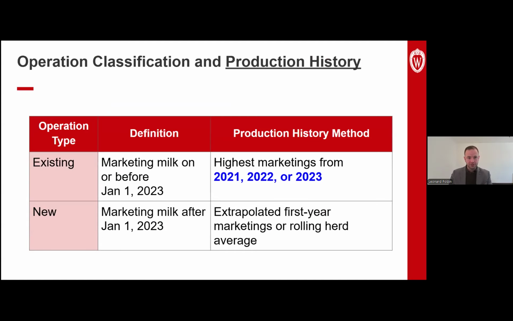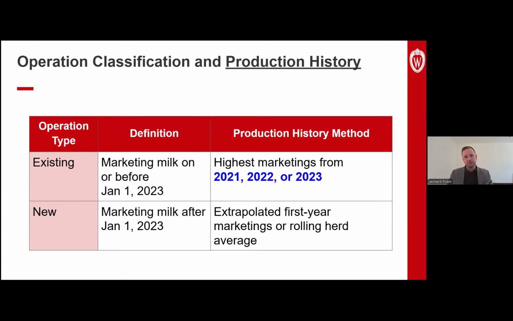All right, production history. Again, everybody's updating, and your new production history is going to be the highest of 2021, 2022, or 2023. And that's if you're an existing operation. If you're a new operation, they'll extrapolate first year marketings.